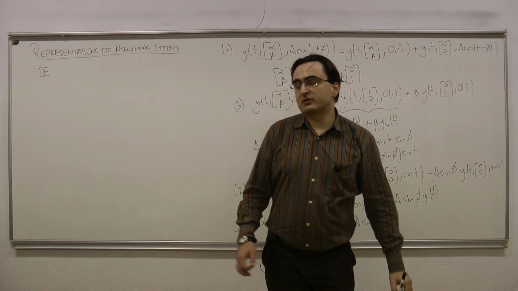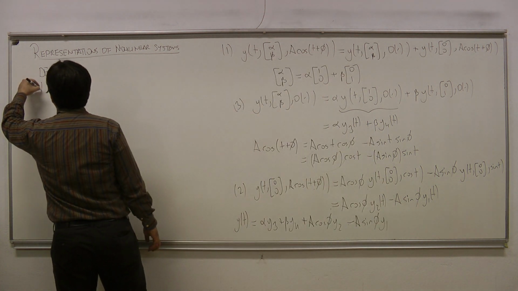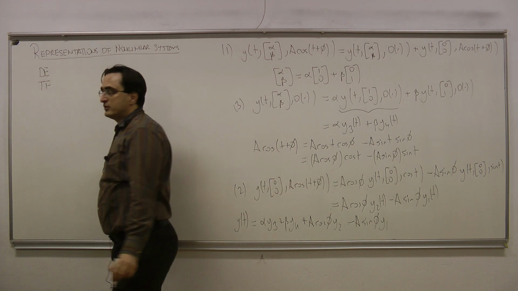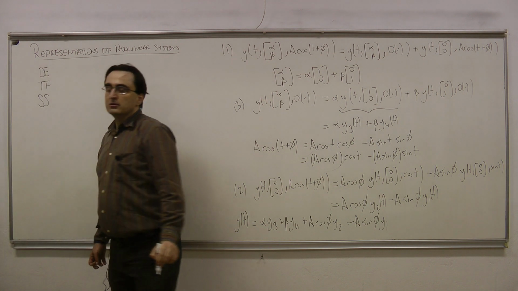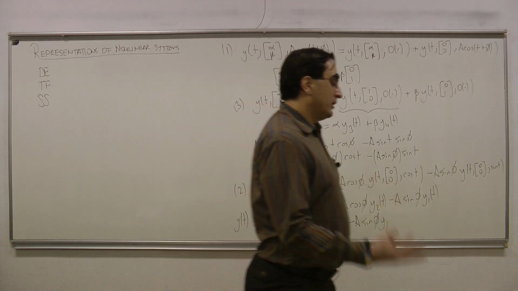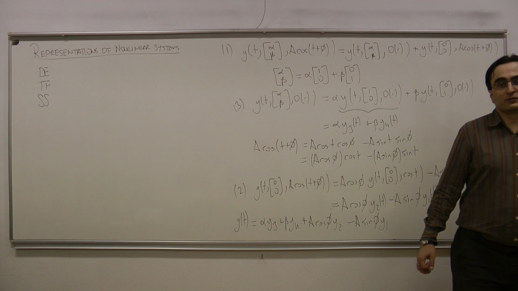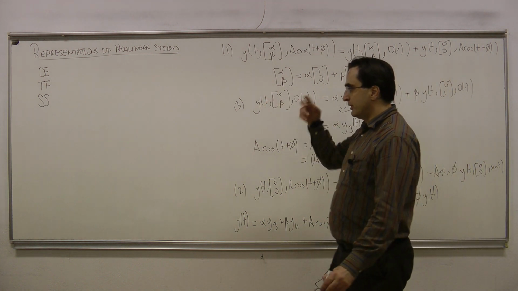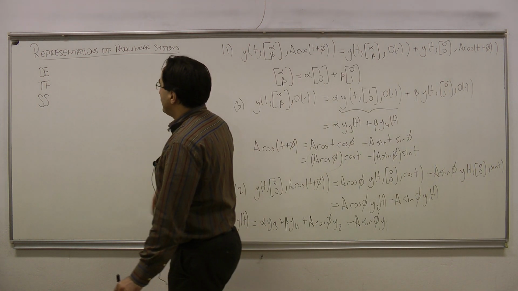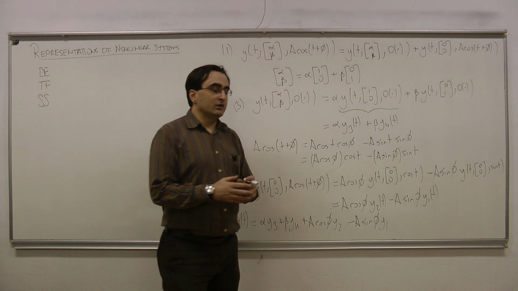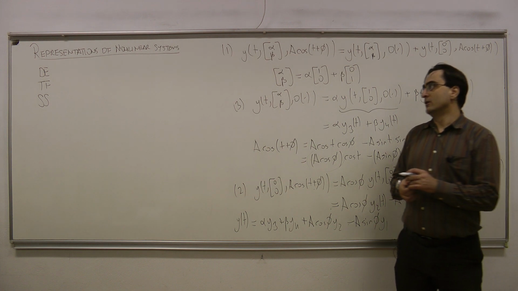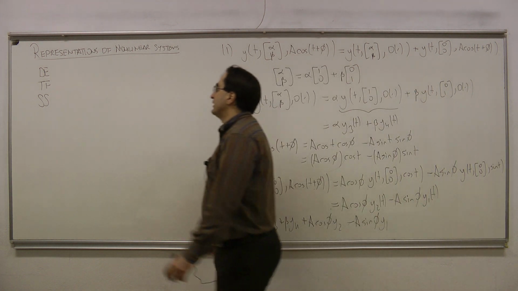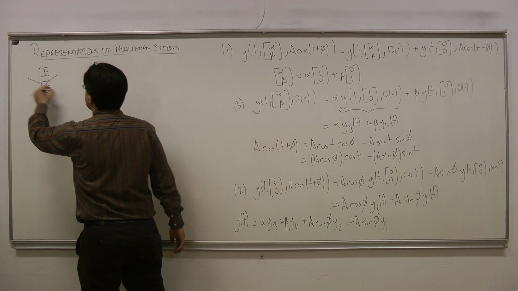The second representation is transfer function representation, and the third representation is called the state space representation. Okay? There are these three different representations which are somehow equivalent to each other. For nonlinear systems, unfortunately, we would lose one of these representations. Okay? And that is the transfer function representation.